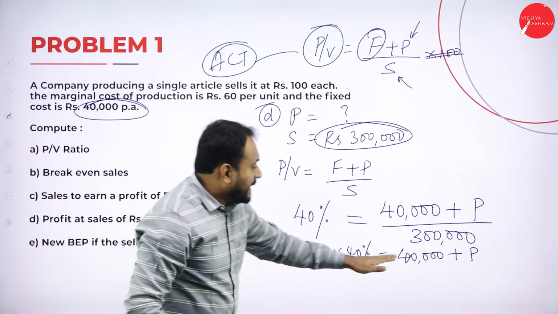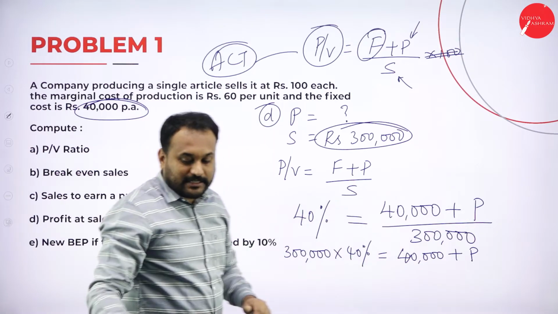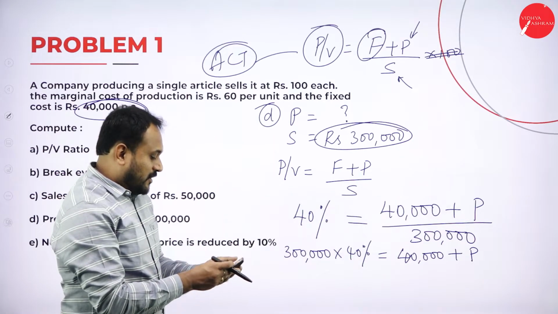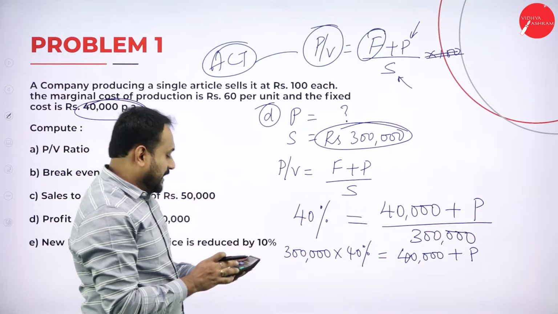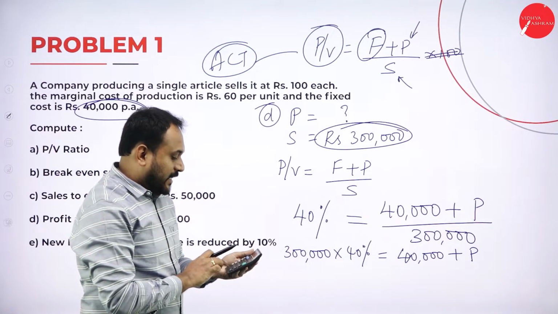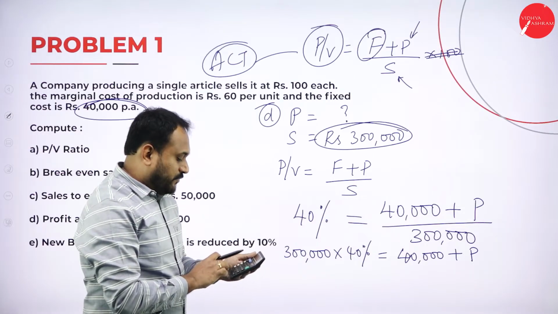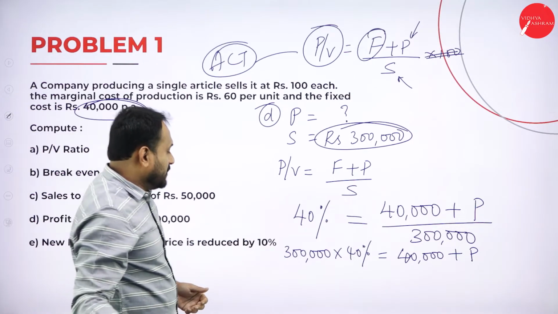Before I move this here, I'll calculate something, which is the 40% of 3 lakh. So what is the 40% of 3 lakh? Here 3 lakh into 40% is 1,20,000.